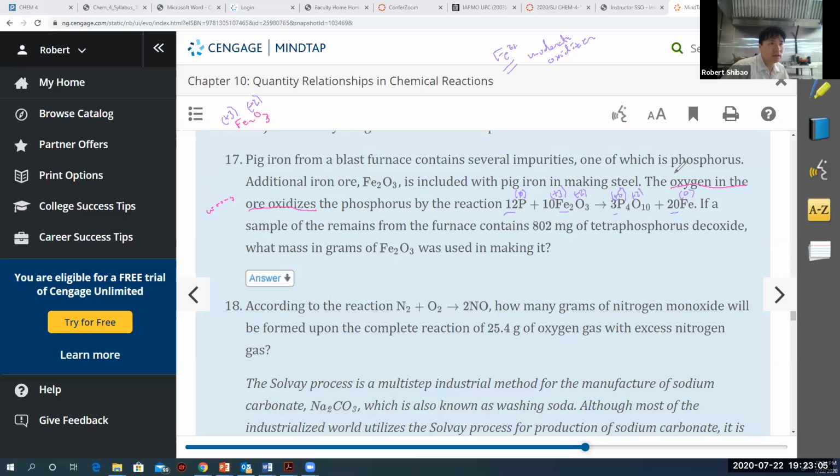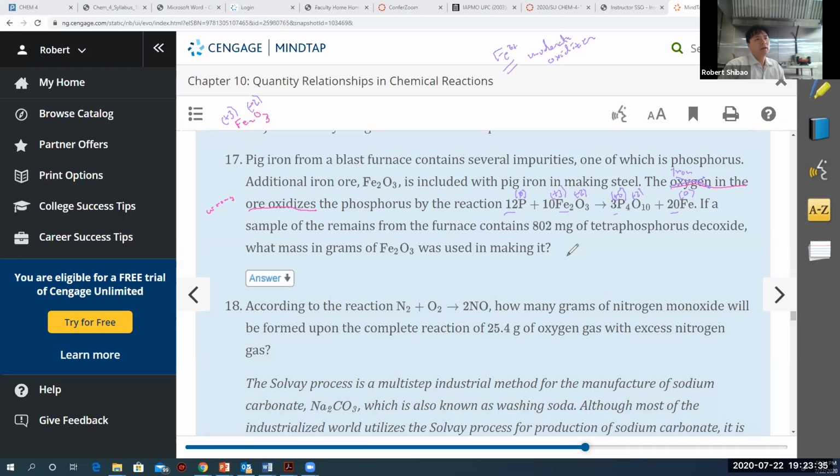And so they should have said the iron in the ore oxidizes phosphorus, not the oxygen in the ore. If a sample of the remains from the surface contains 802 milligrams of tetraphosphorus decaoxide, what mass in grams of Fe2O3 was used in making it?